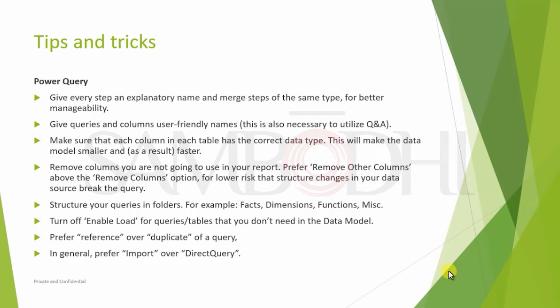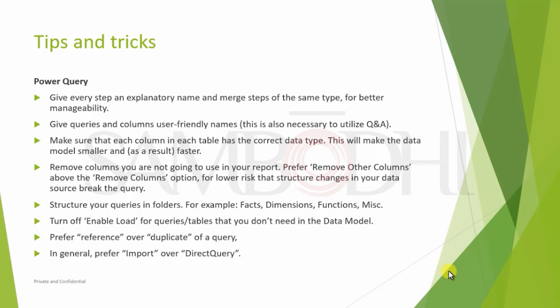Turn off enable load for queries that do not need the data model. So for queries which do not have a data model associated, you can have enable load set to off. This improves the performance. Prefer reference over duplicate of a query.